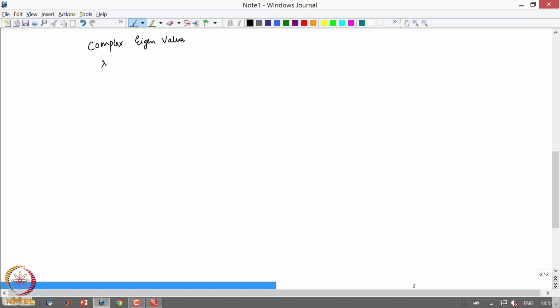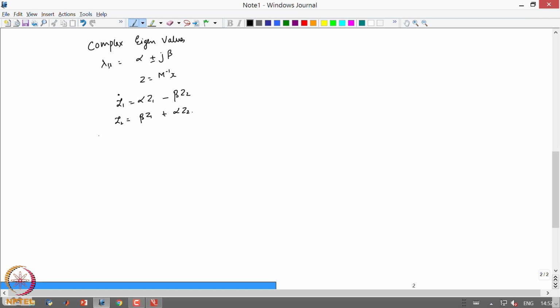This means my lambda 1, 2 are of the form alpha plus minus j beta, and of course, I do the usual change of coordinates z equal to M inverse x to get my system of the following form: z1 dot is alpha z1 minus beta z2, z2 dot is beta z1 plus alpha times z2.